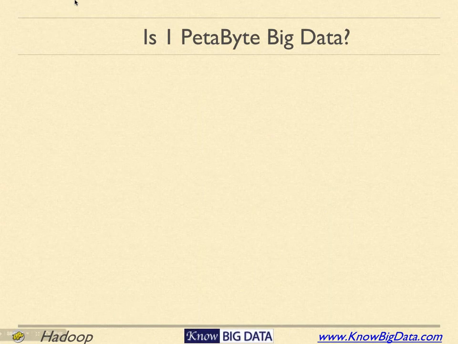Now, before you tell me that it all depends, let me tell you this. What I want to do is, every day in the evening, churn 1 petabyte of data to count how many vowels are there in my data. In my 1 petabyte of data, I want to count every day how many vowels are there. So the question to you is: is this kind of processing considered big data processing? We know how much a petabyte is, we know what big data is.